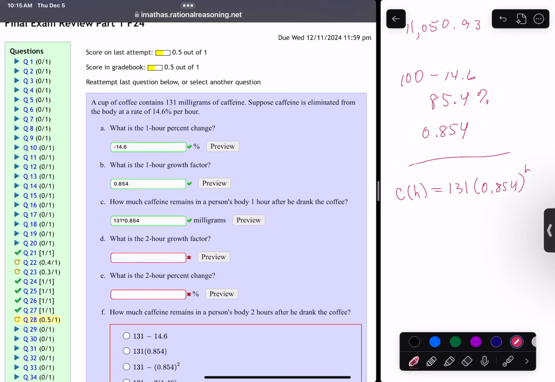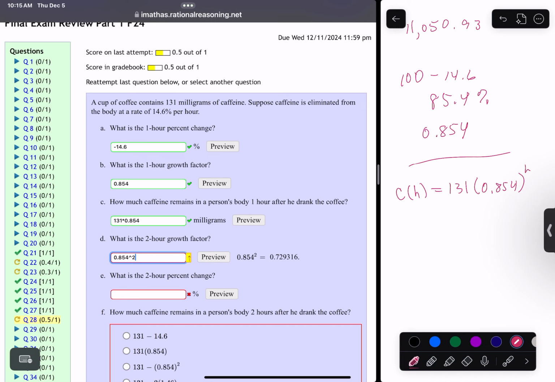The 2 hour growth factor, we would multiply by 0.854 twice, or to the second power. And then you can see here, what is that percent change?